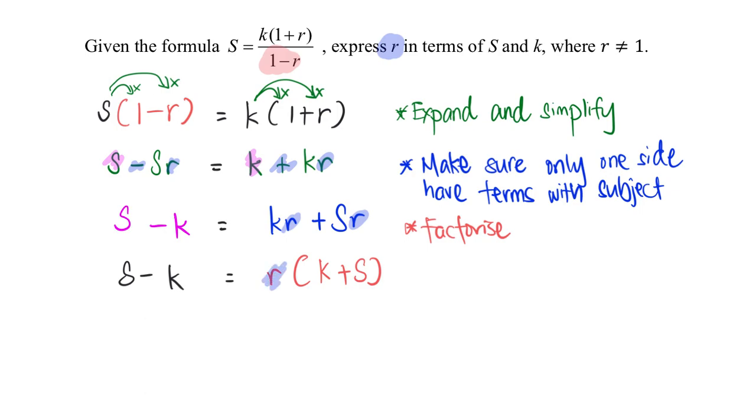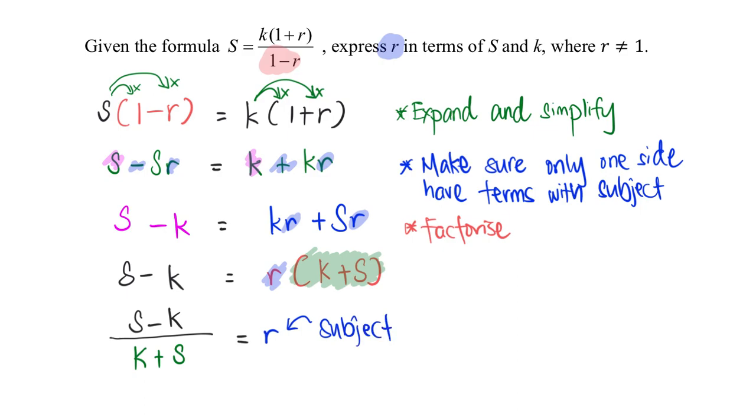And finally, we divide by K plus S on both sides. Once I divide by K plus S on both sides, this is what you will see. And this will be equal to my R. But do take note, because R is the subject, can it be written on the right hand side?